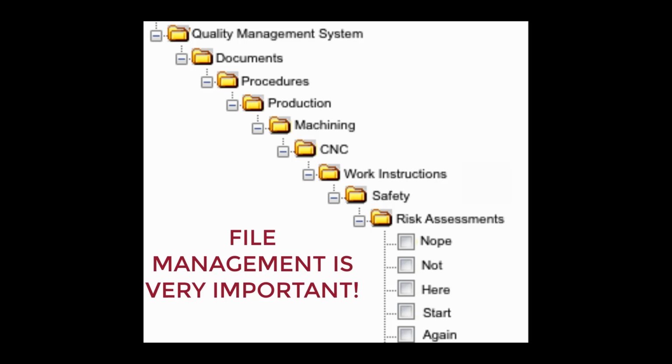They have their main folder, which is their quality management system. Underneath that, they have documents. Under that, there are probably particular types of documents that go into that folder, and those are going to be categorized underneath that. Procedures, production, machining, CNC, work instructions, safety, risk assessments. And under that, you see they again have some additional folders.